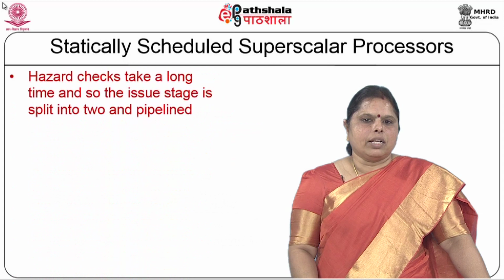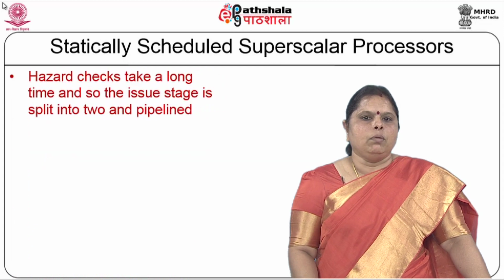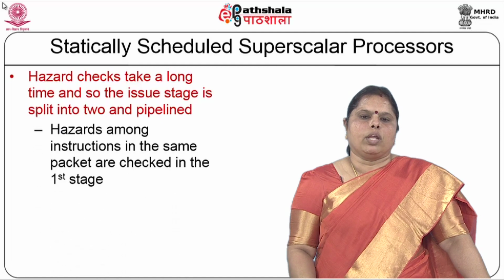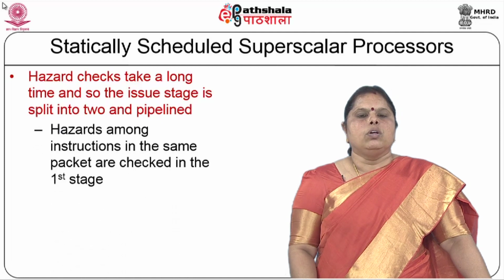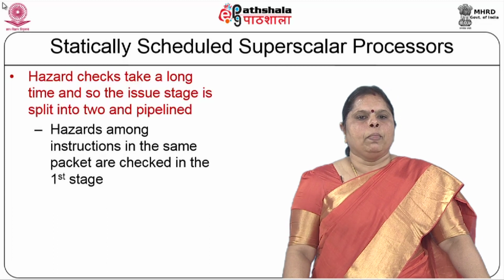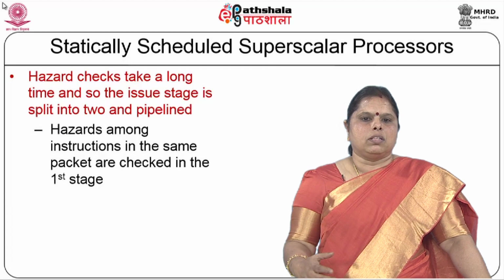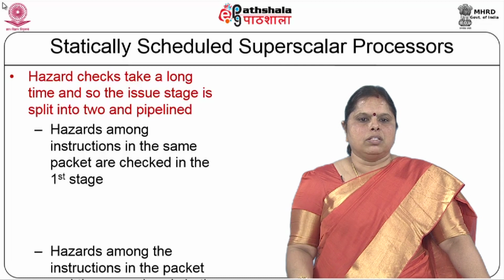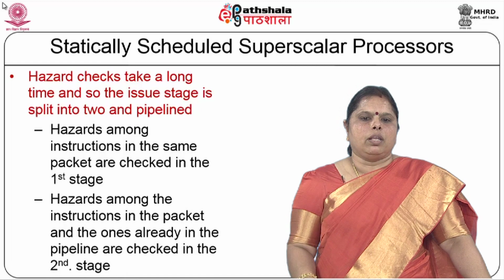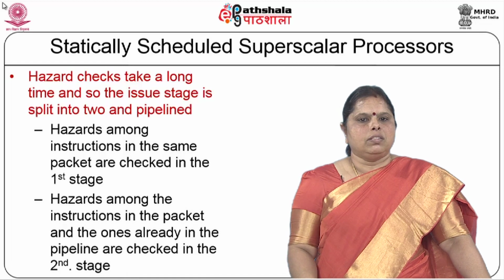Hazard checks normally take a long time, and so the issue stage is split into two and pipelined, so that you are able to handle multiple instructions. For example, in a two stage pipeline, the hazards among instructions in the same packet can be checked in the first stage, and the hazards among instructions in this packet and the ones already in the pipeline can be checked in the second stage.